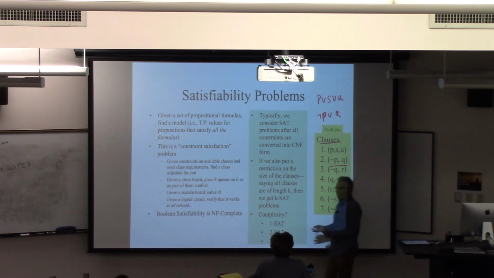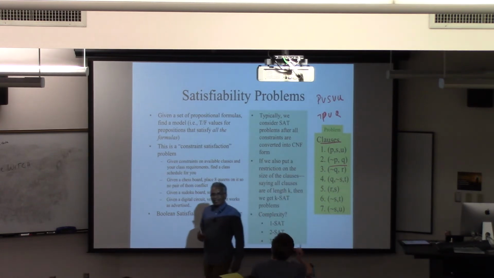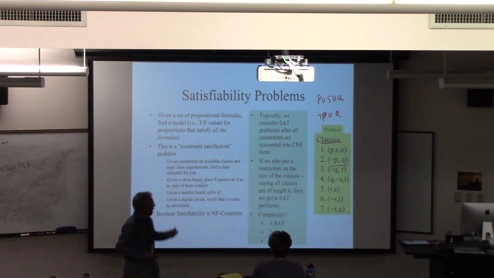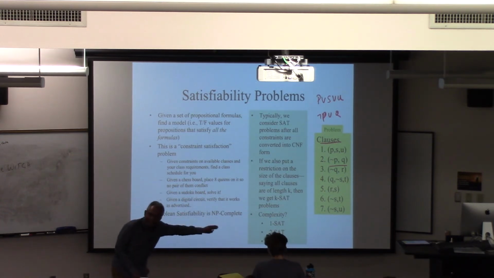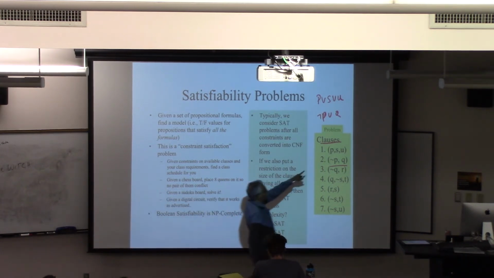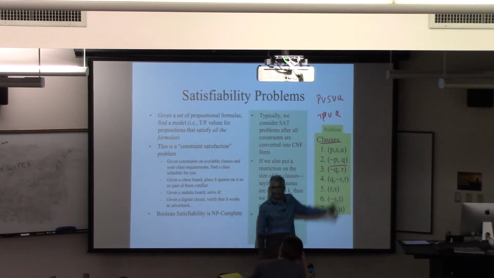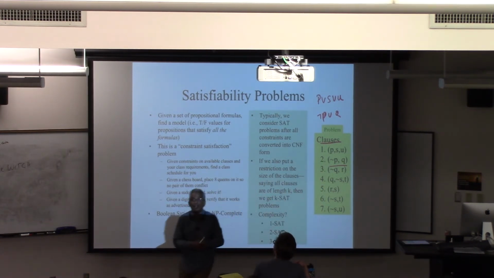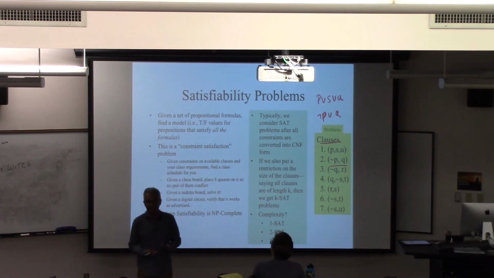Given a bunch of these clauses, can you tell me truth falsity values of P, S, Q, R, etc., such that all sentences are satisfied? Every clause can be thought of as a constraint, and you're trying to find a model where all constraints are satisfied. This is the Boolean constraint satisfaction problem.